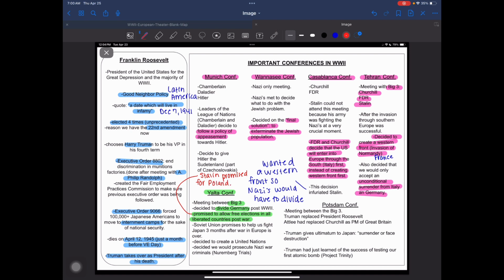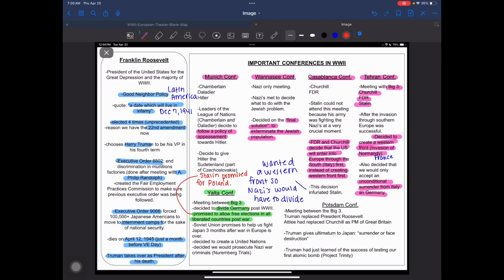He's going to promise them free elections. Another way of saying it is self-determination, letting them choose. And what we're going to learn is that not only for Poland, but for all of those other countries that the Soviet Union liberated, he is not going to allow them free elections.